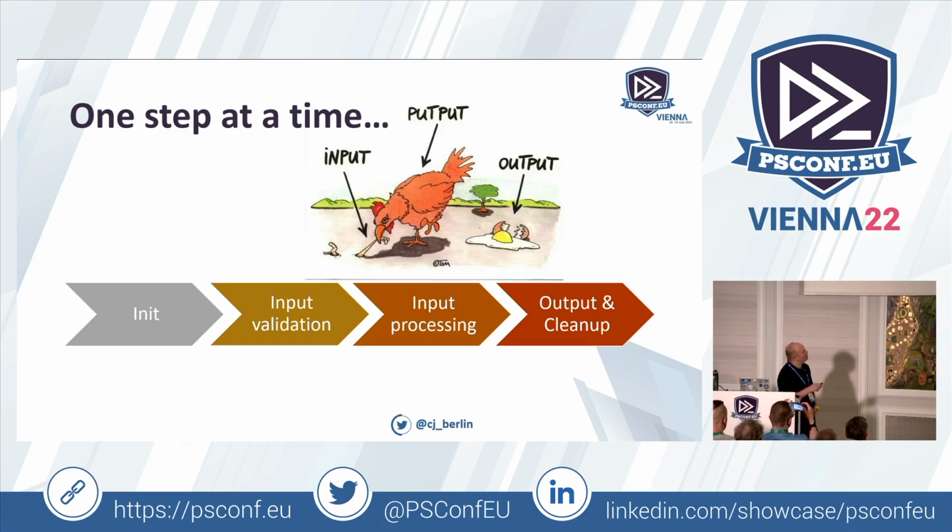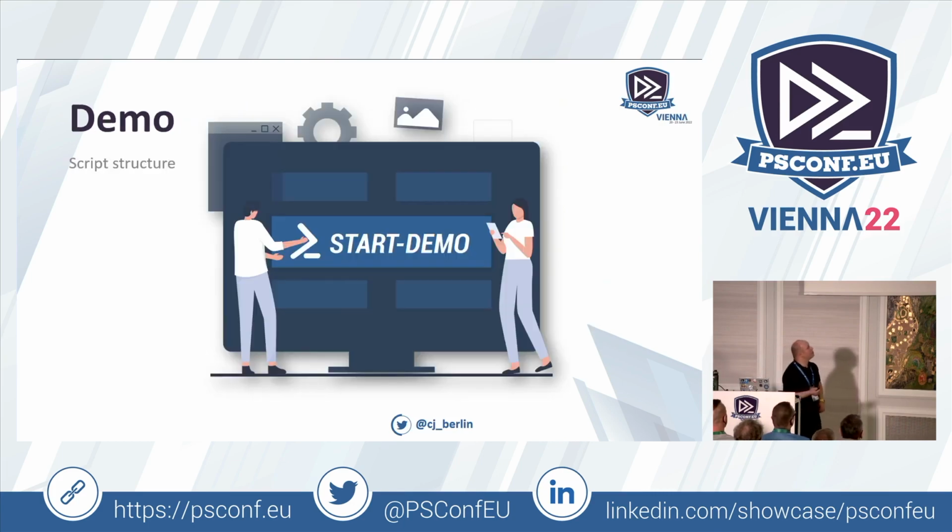What happens if there's something wrong with the processing? You clean up after yourself, roll back what you already created or changed, if you can, and then you move to the output phase. And the output should provide the user or the administrator with the means to actually troubleshoot that.